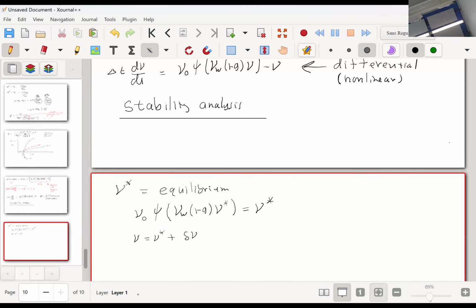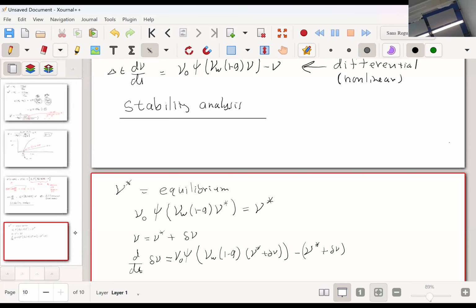So d dt of delta nu is equal to nu 0 psi of w 1 minus g times nu star plus delta nu, minus nu star plus delta nu.